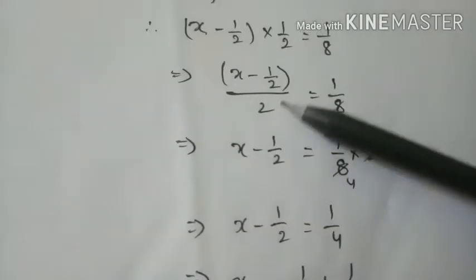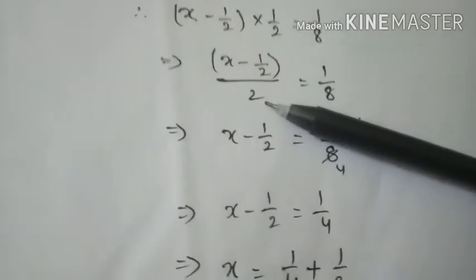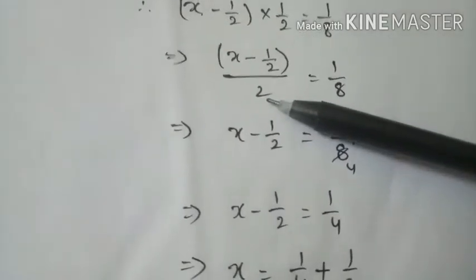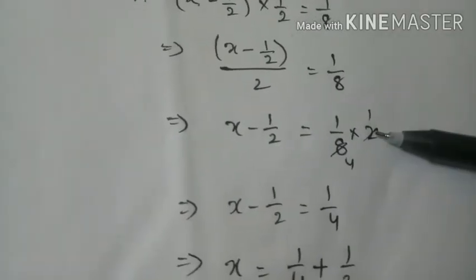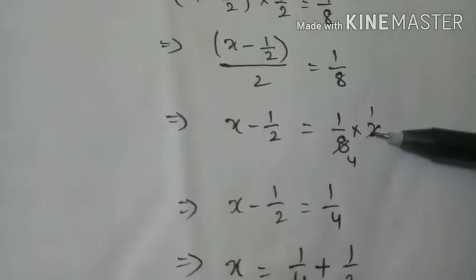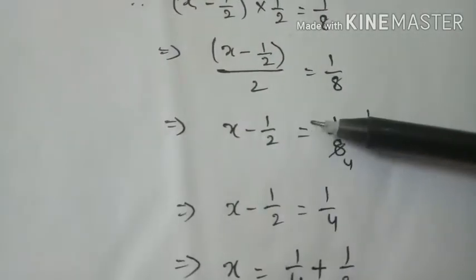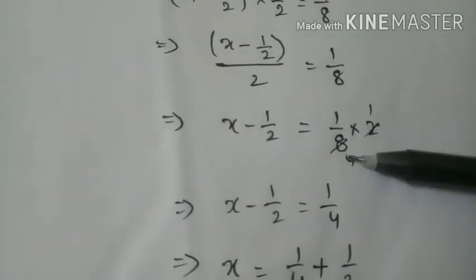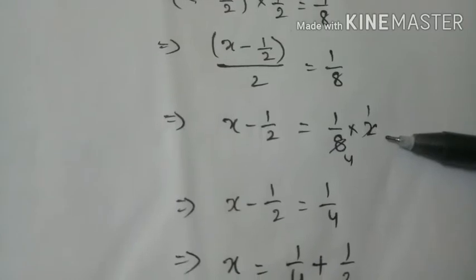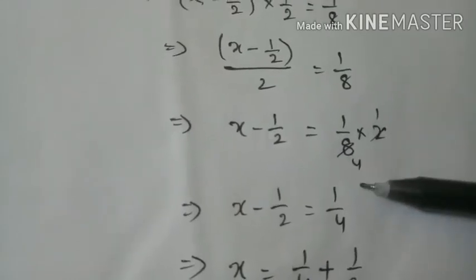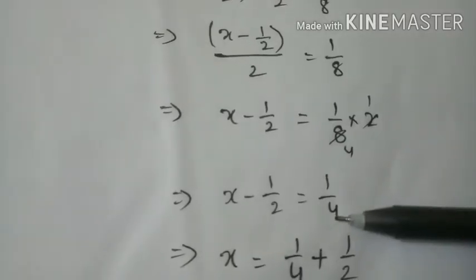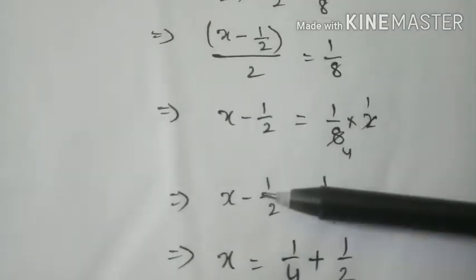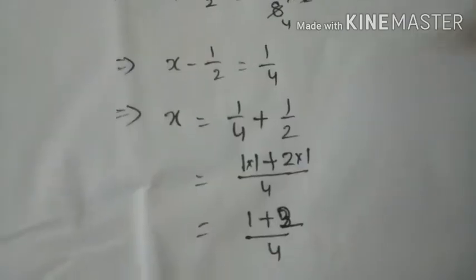Then x minus 1 by 2 whole divided by 2 is equal to 1 by 8. Here 2 is dividing, so if you send this to RHS, it becomes multiplication. So x minus 1 by 2 is equal to 1 by 8 into 2. Okay, 2 1s are 2, 2 4s are 8. Now 1 by 4 we got, that is equal to x minus 1 by 2.